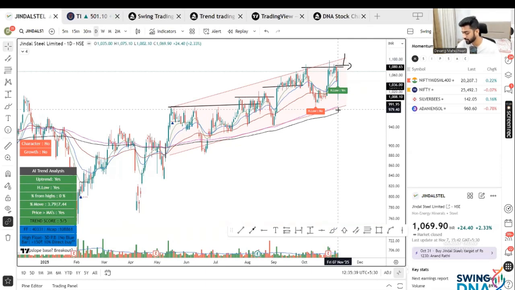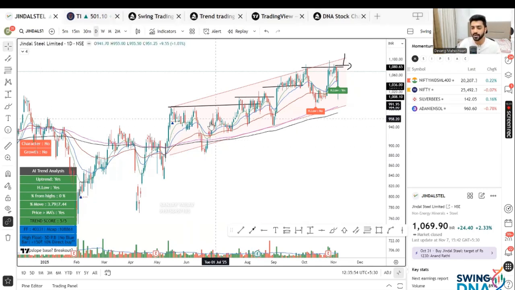Let's see some more examples. Parag Milk, HLE we have done. Borosil Renewables, Shelly Engineering. Yeah, character growth not happening, of course, that also is an issue. But even if all things are right, if it's a sloppy base, then it's a no-go.